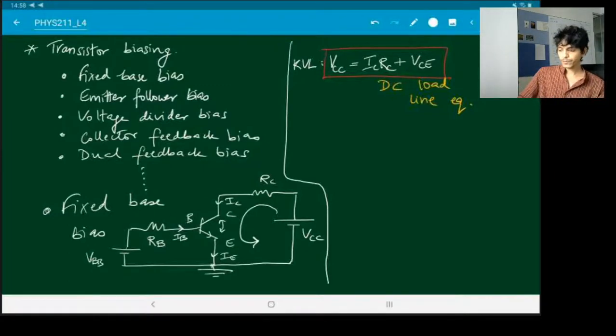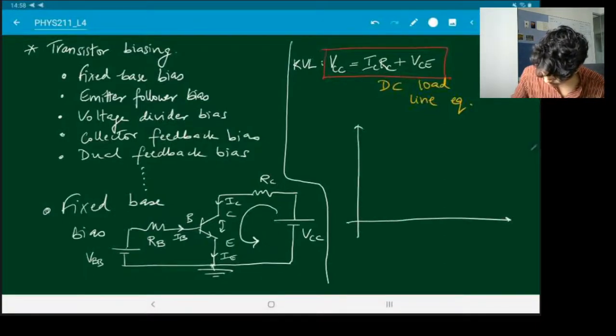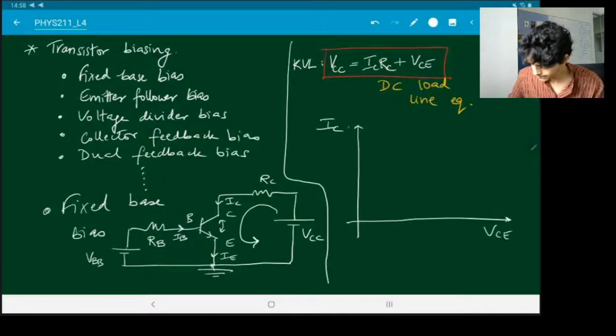What is the significance of this equation? Let's draw once again those characteristics that we saw, the output characteristics, VCE versus IC.